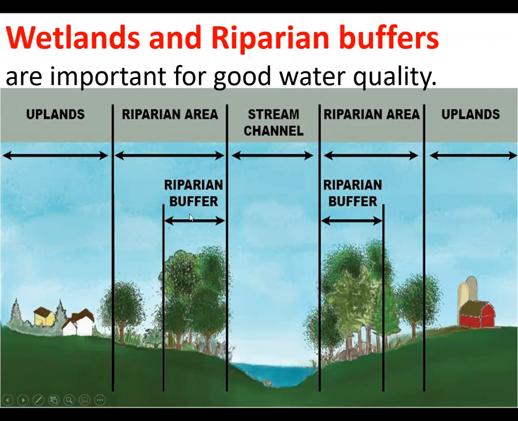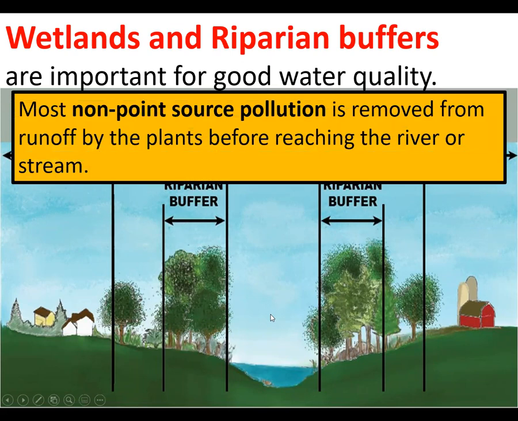These vegetations are what we call the riparian buffers. Why are they important? Most non-point source pollution is removed from runoff by the plants, this vegetation, before reaching the river or stream.